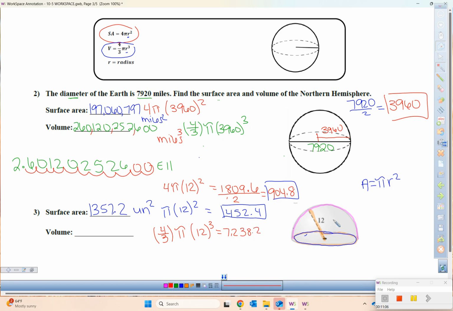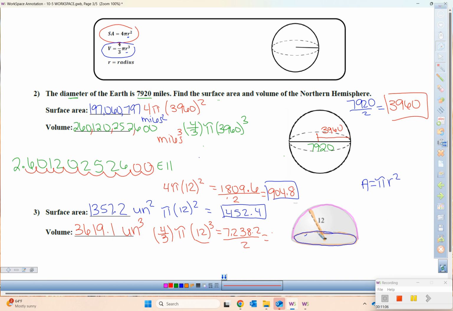But remember, this is only half of it, so we need to take this number and divide it by 2. So 77,238.2 divided by 2, and I get a number like 3,619.1, and this is units cubed. Any questions on that? Okay.